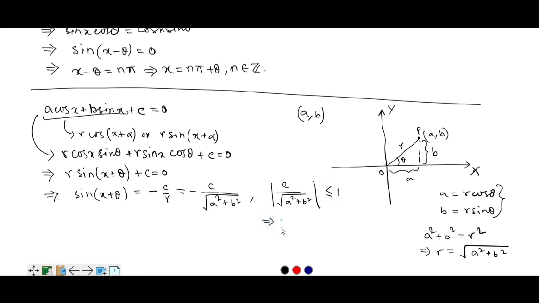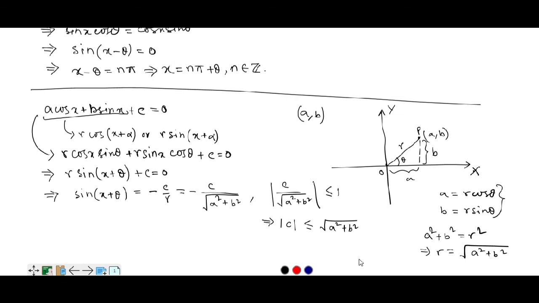So we can write it like this also: mod c is less than or equal to root of a square plus b square. Since root of a square plus b square is always a positive quantity, you don't need to give the modulus on it, you can just give the modulus on c. So mod c less than or equal to root of a square plus b square is the condition that this equation is valid.